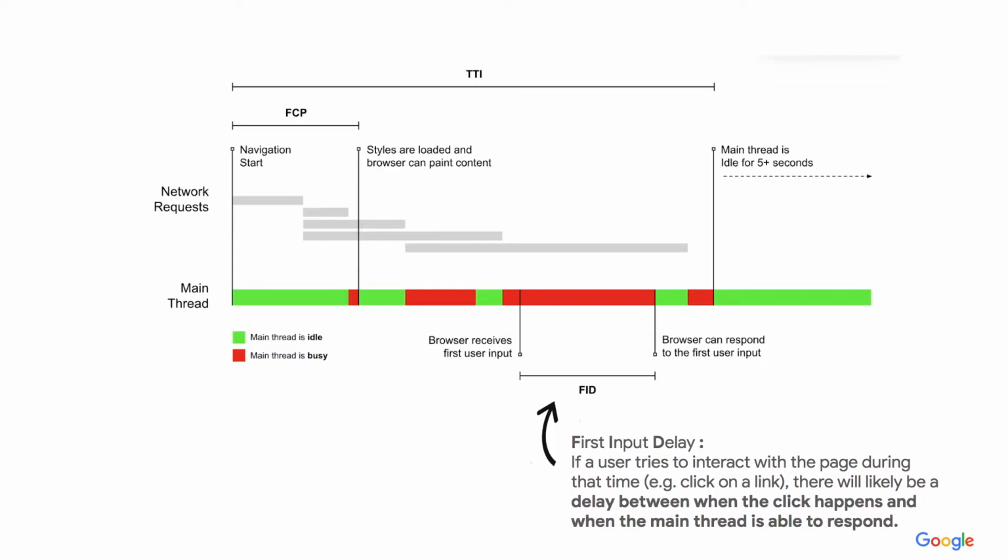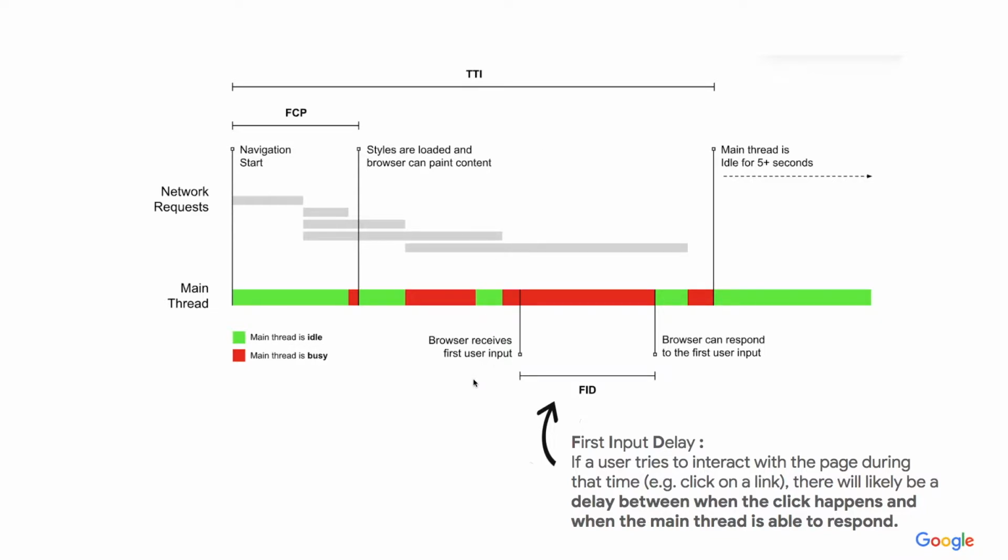And so, a quick diagram to show you those different metrics. The way that we measure the time to interactive is we start a kind of chronometer. We start the timing when we load the page, and we stop the chronometer for the time to interactive when the main thread is idle for more than 5 seconds.